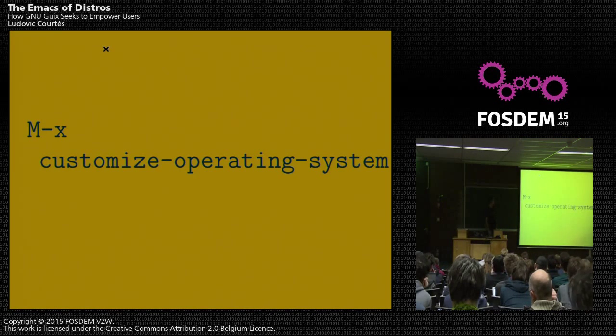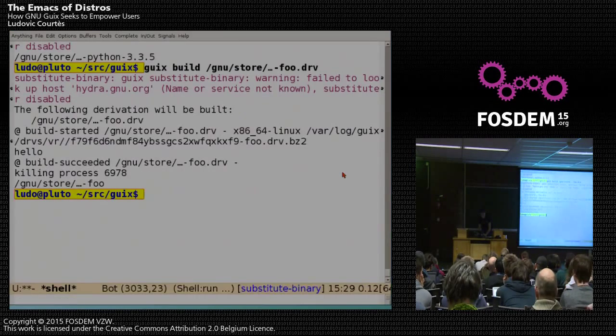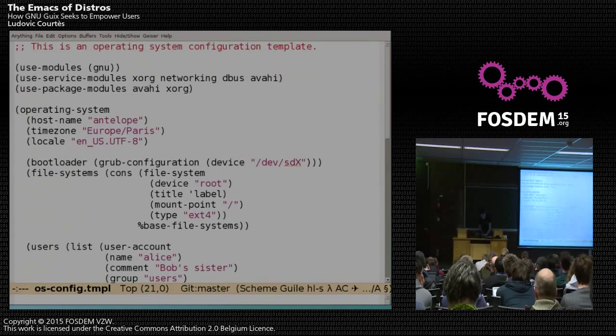So far I was talking about packages themselves, but we can go a bit further, and we actually have a similar approach to operating system configuration. What does it look like? If you want to install an operating system or modify its configuration, you just write a declaration of what you want your operating system to look like.